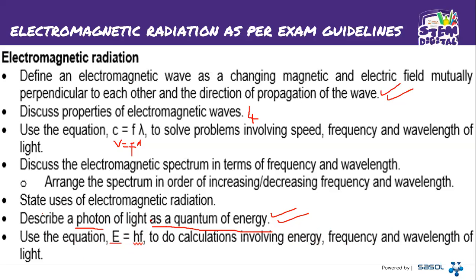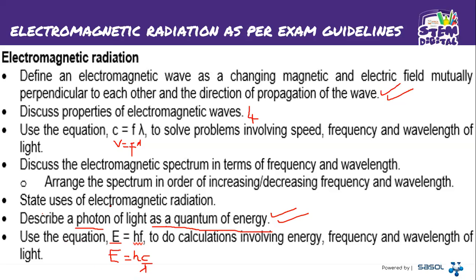And we know the H is definitely the Planck's constant in the data sheet, and F will be the frequency of that electromagnetic wave. And if you are given the wavelength, you will say the energy then is equal to the Planck's constant, which is H, multiplied by C, which is the speed of electromagnetic waves in a vacuum, which you will get from your data sheet as well, divided by the wavelength altogether.